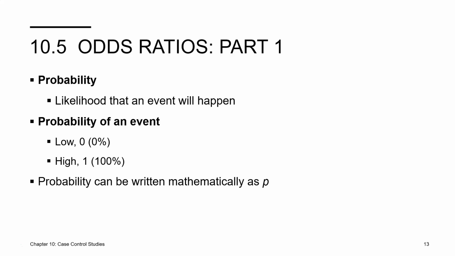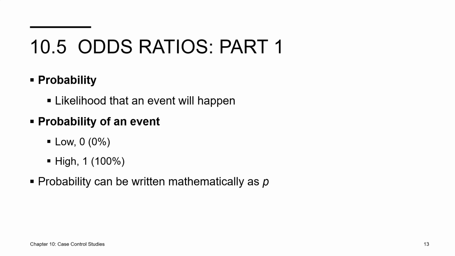Section 10.5 goes over odds ratios. Odds ratios are used not only in case control studies, they can be used often in cross-sectional studies, although some people would report them as a prevalence ratio. But odds ratios really are looking at probabilities. And you're looking to see the likelihood that an event will happen.